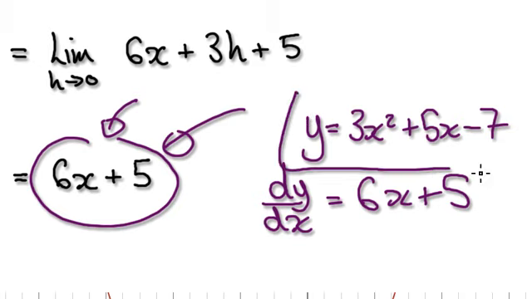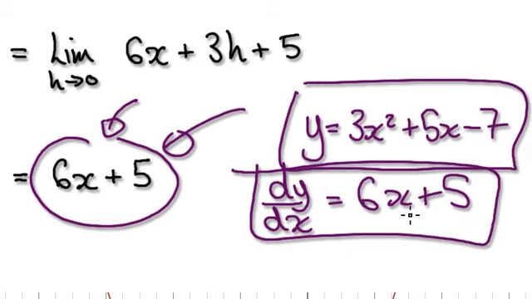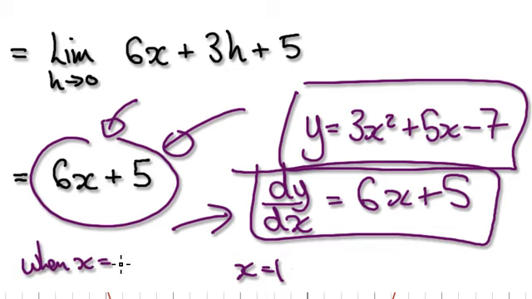Once you've got this, you can find the gradient at any point. Suppose you want to find the gradient at x equals 1, then you would just put 1 into here. So when x equals 1, dy by dx equals 11.